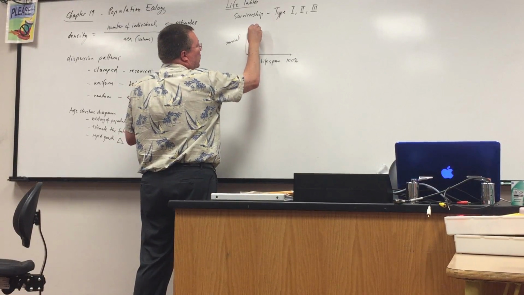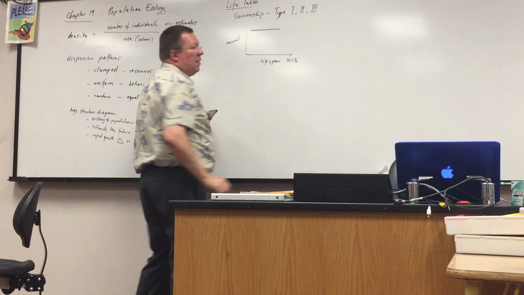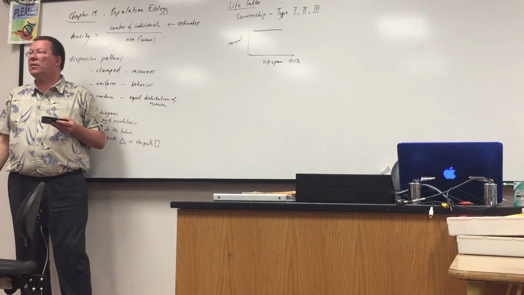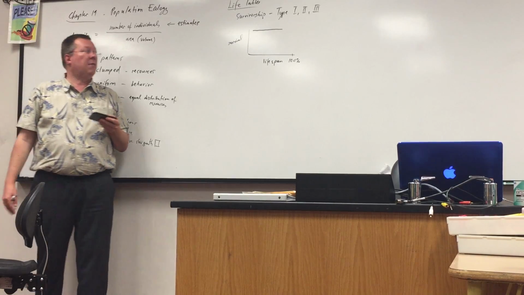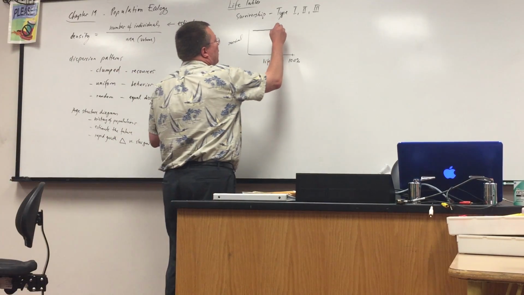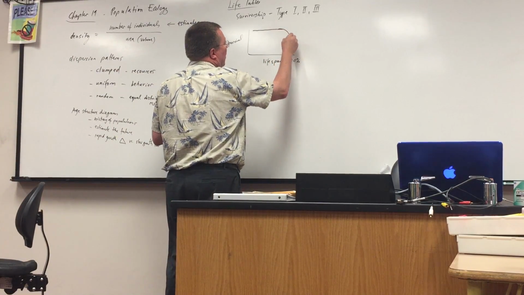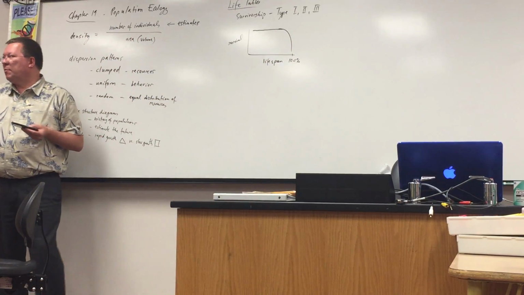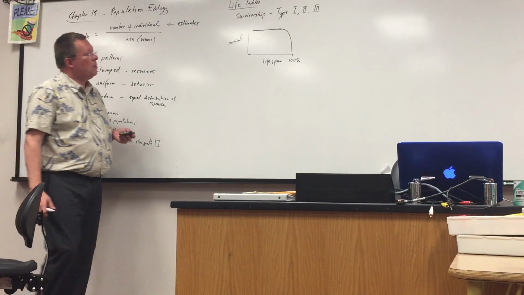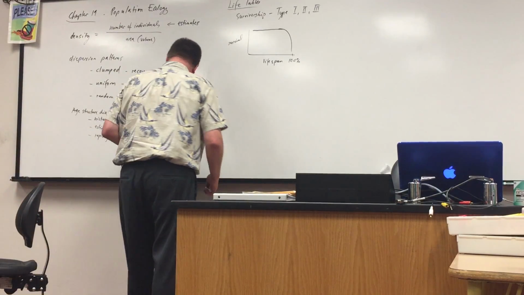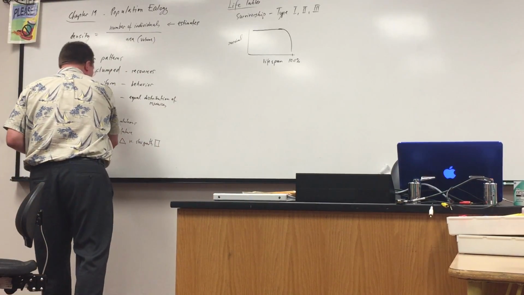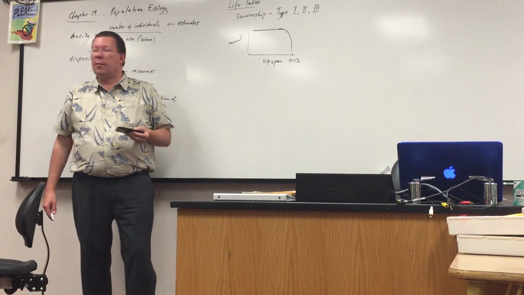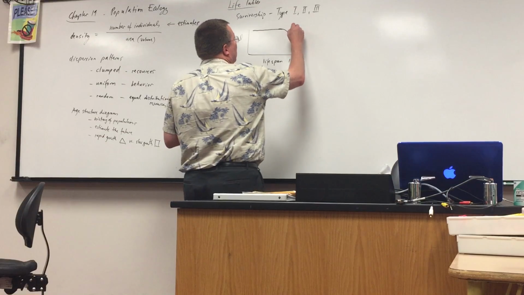We are born, we survive, we survive, we survive. And then at some point, when we get relatively close to our maximum possible lifespan, the curve starts to go down rather rapidly. And nobody survives past the maximum lifespan. That's just the way it is. And so this is what you'll find in a human and generally a large mammal type of curve, and that's the type 1.